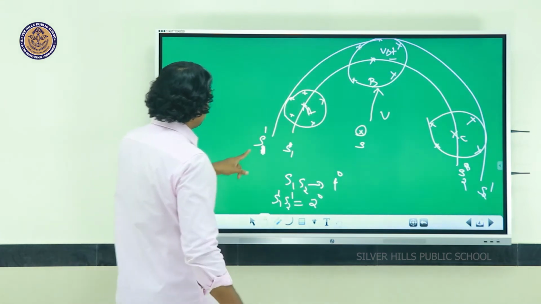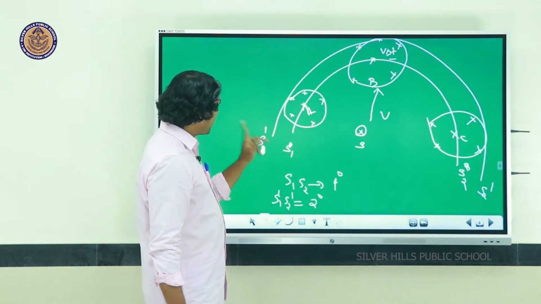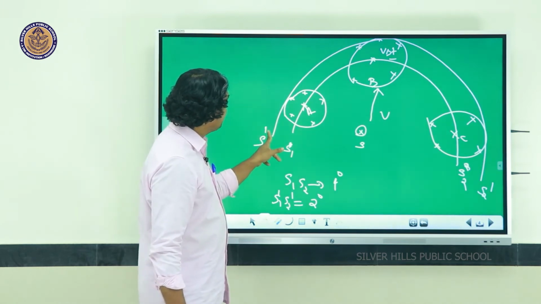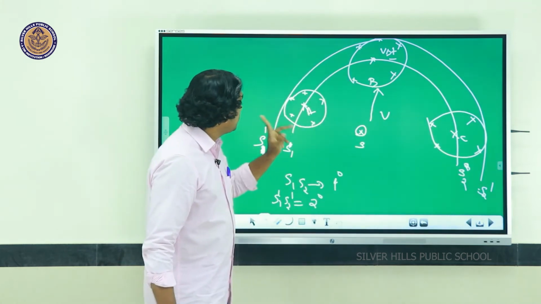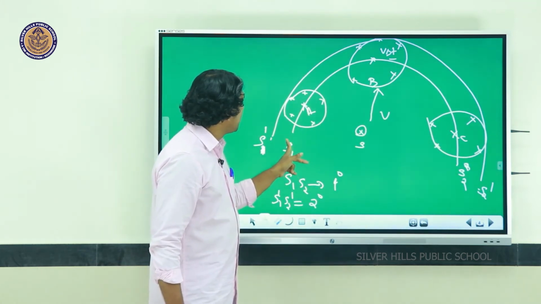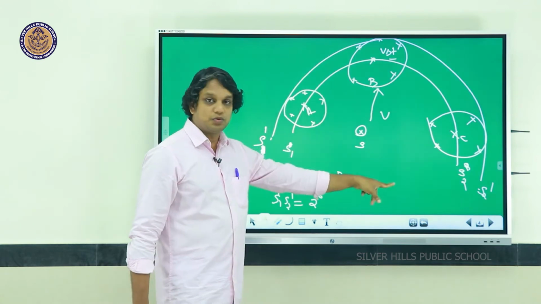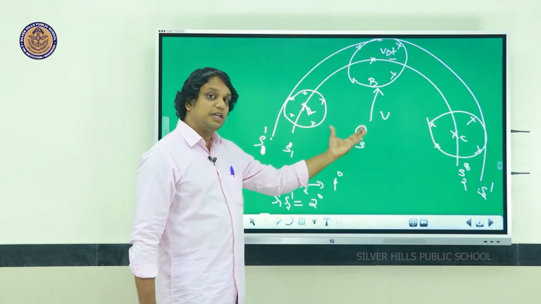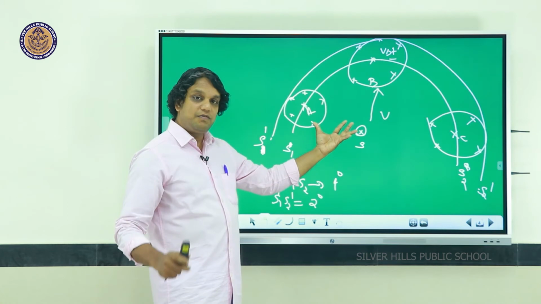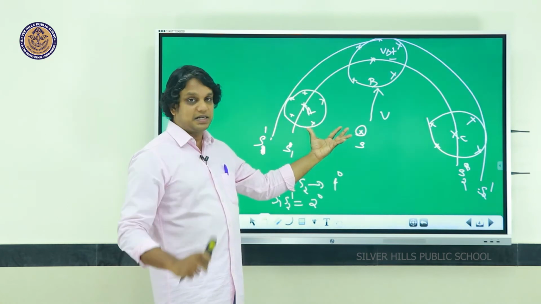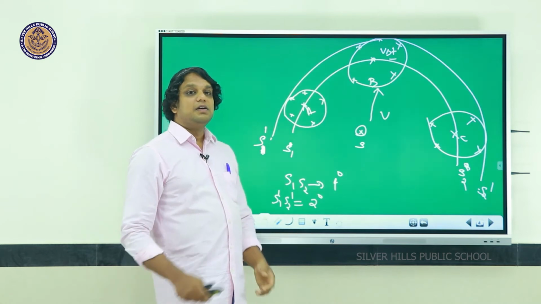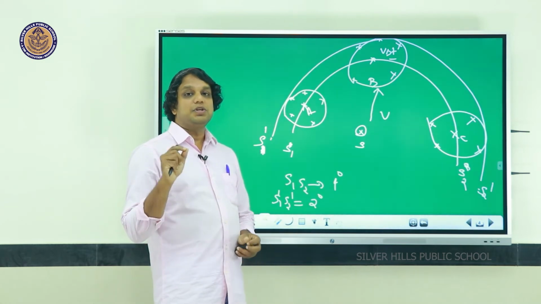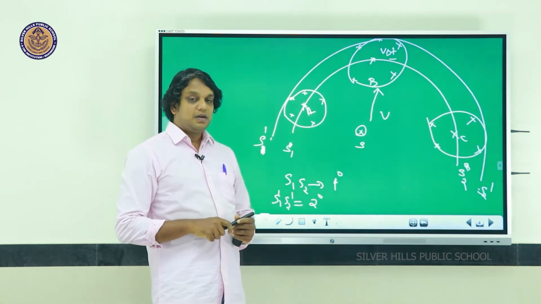Because here you are able to locate or predict the shape of the secondary wavefront S1 dash, S2 dash, because we know the shape of the primary wavefront S1 and S2. So, that is one important postulate of Huygens principle.